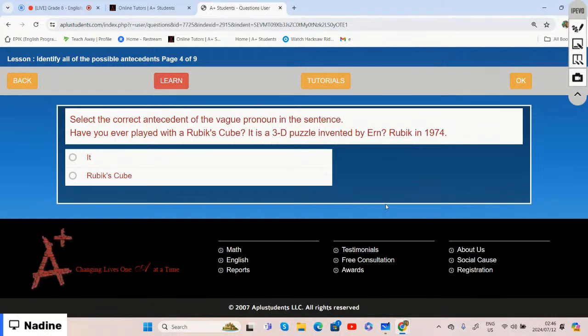The last one says, have you ever played with a Rubik's Cube? It is a 3D puzzle invented by Rubik in 1974.